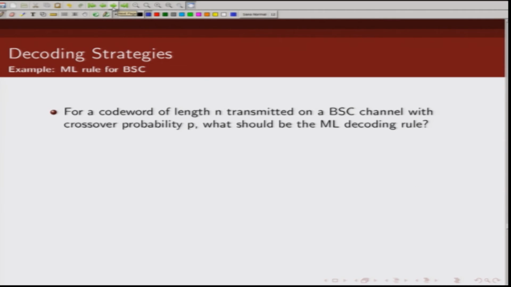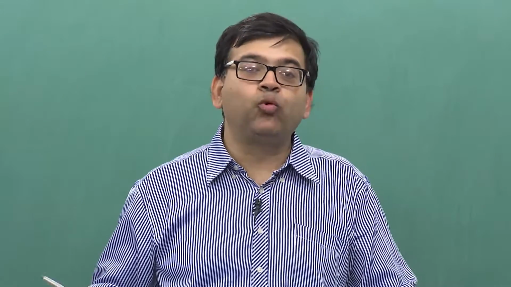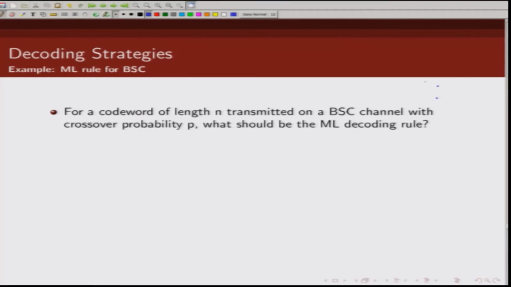Okay, so let us take an example. We are interested in finding the maximum likelihood decoding rule for a binary symmetric channel. Recall what a binary symmetric channel is: there are two inputs, 0 and 1, and two outputs, 0 and 1, with probability 1 minus p I receive my bits correctly, and there is a crossover probability of p.